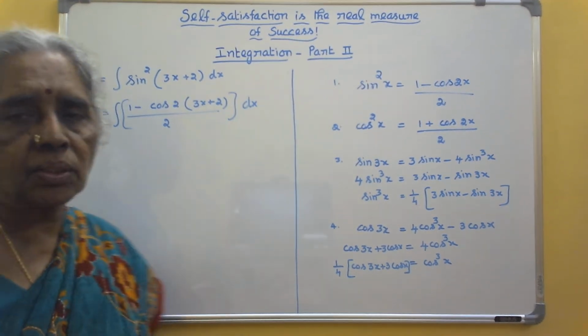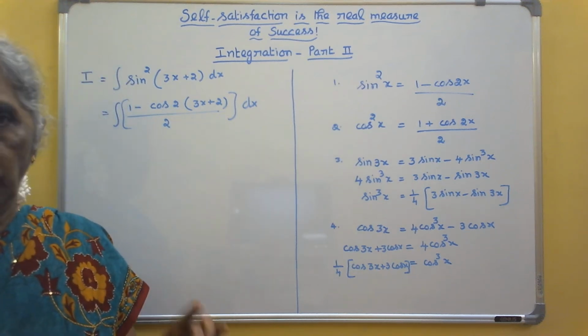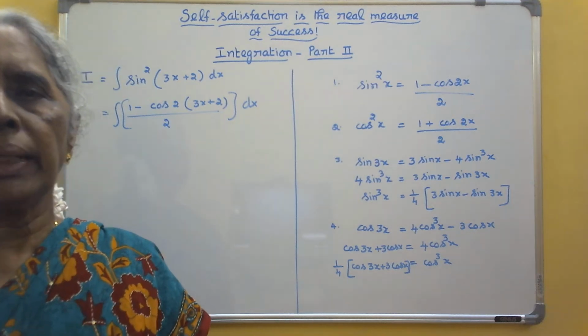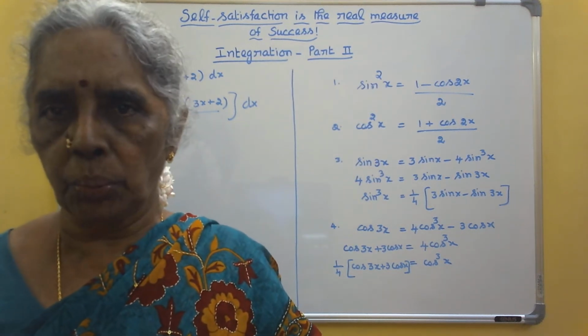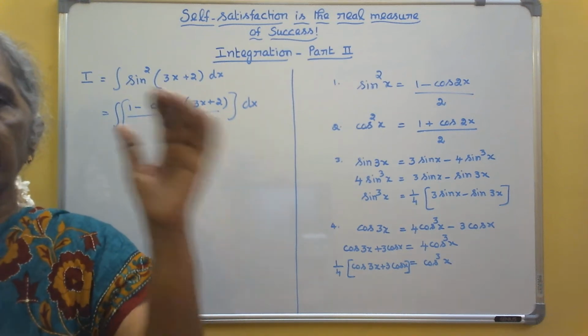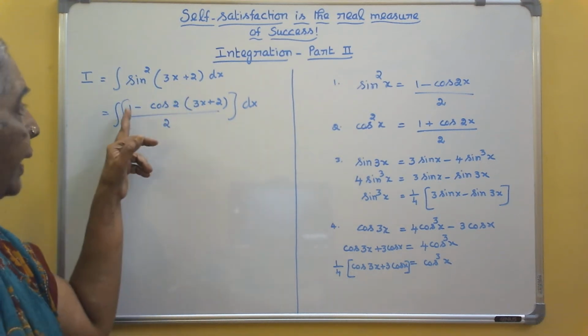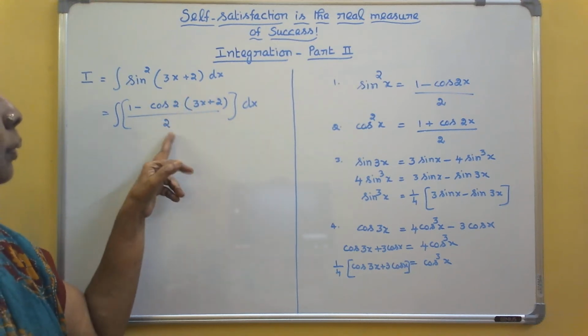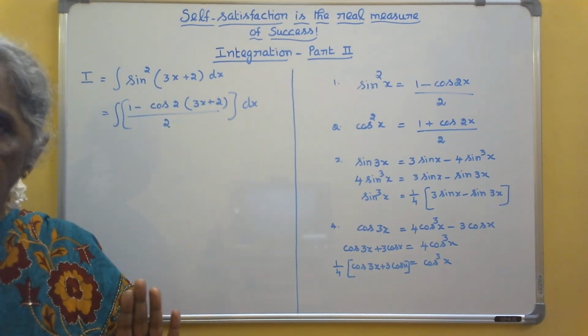Do you follow the first step I have done? You know sine squared x is equal to 1 minus cos 2x by 2. So, here in the place of x I have 3x plus 2. So, I am writing it as 1 minus cos 2 into 3x plus 2 by 2 dx, right?